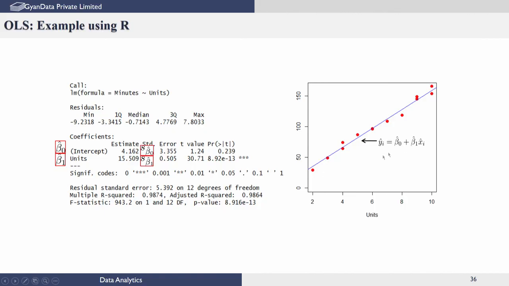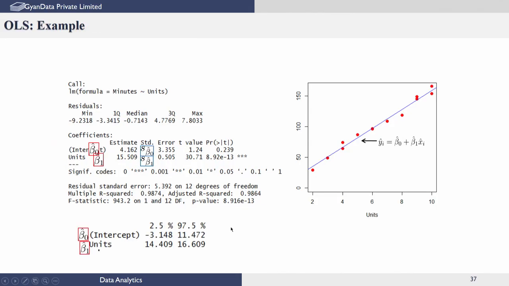Including beta 1 is very good, you will get a better fit using beta 1 in your modeling. So, a high value of the test statistic, or a low p value for this F statistic, indicates that you will reject the null hypothesis even at a very low significance level.